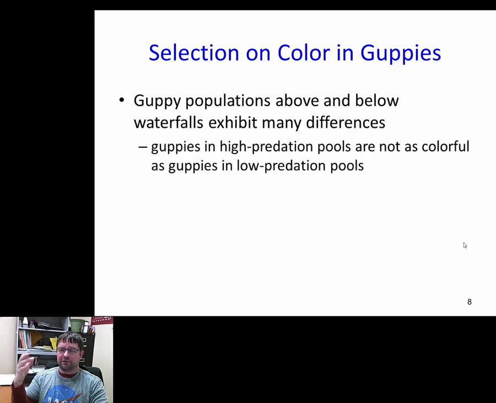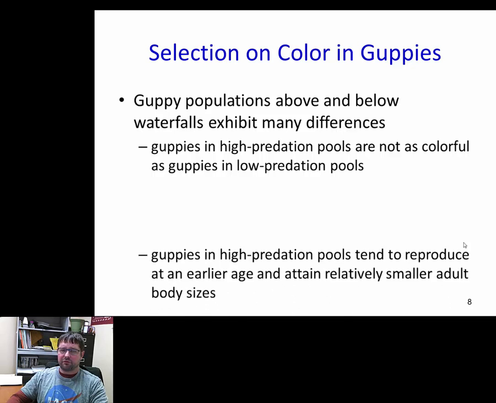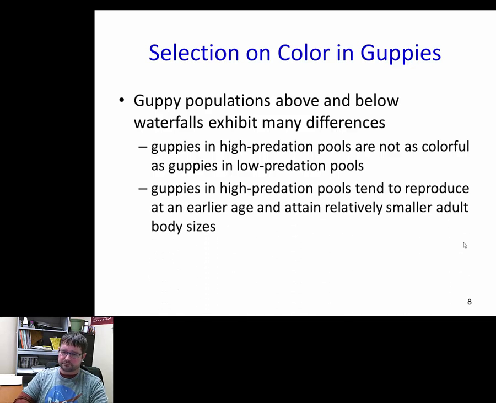They tend to reproduce at a much younger age. They don't get as big. There's quite a few differences. So again, very little color, reproduces early in life, and a small size.